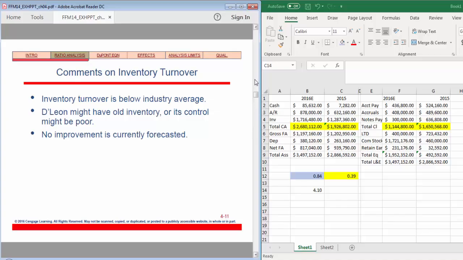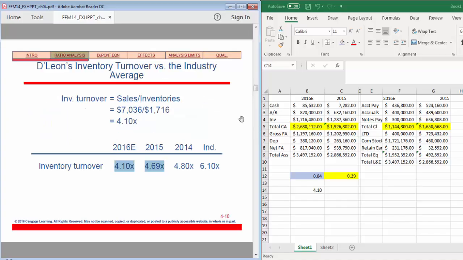If you want to improve the number of sales times inventory over a period of a year, then maybe you can have a sale or clearance, or offer some better credit terms for your buyers, so that inventory can really clear out, and you can have a better sales over inventory or inventory turnover number.